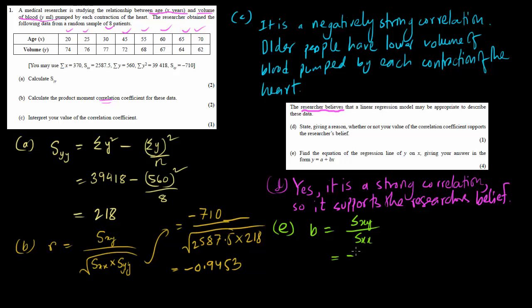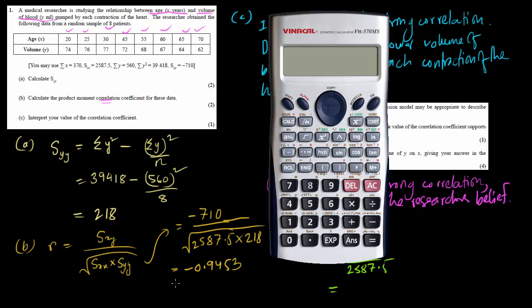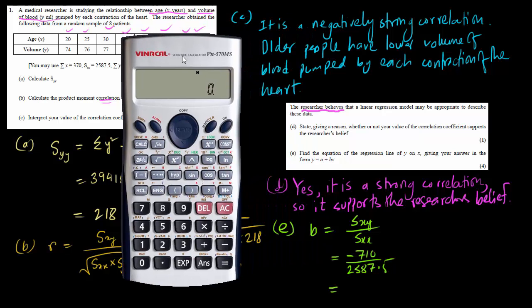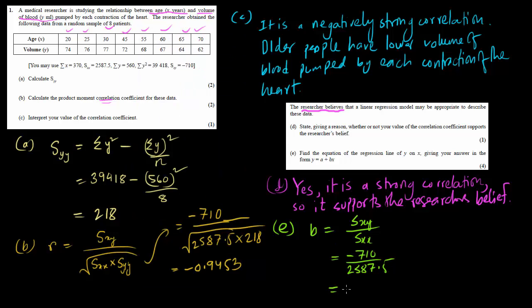So sum of xy we already know is -710, and sum of x squared, that is also given, it is 2587.5. So the value of b turns out to be minus 710 divided by 2587.5, and it is minus 0.2744.